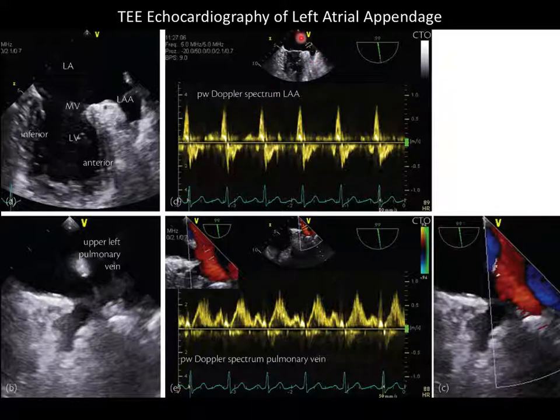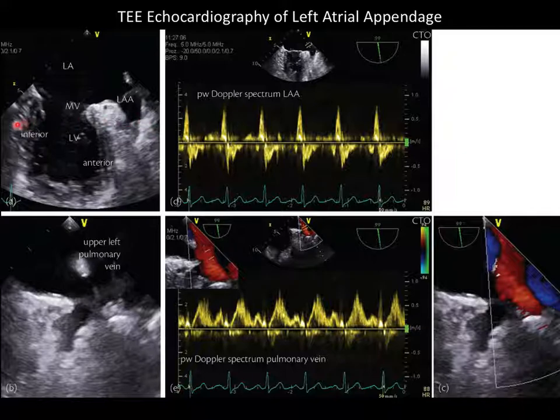The direction chosen is the direction down and into the left atrial appendage. So this is a little sac of blood, I'm sorry, that sits right next to the left atrium, and it's connected to the left atrium. It's almost like, well, it's an appendage, right?